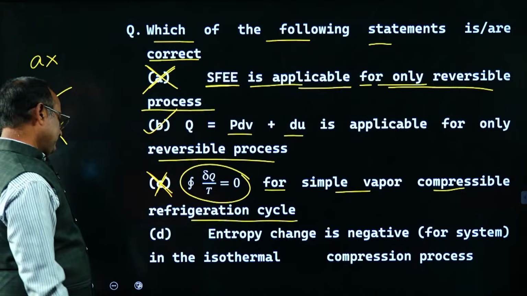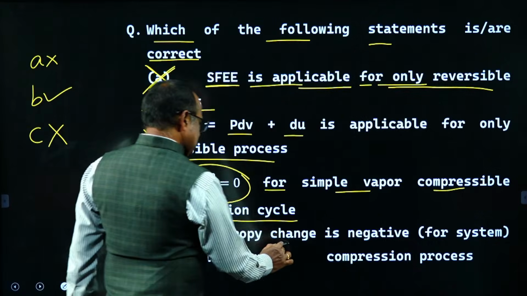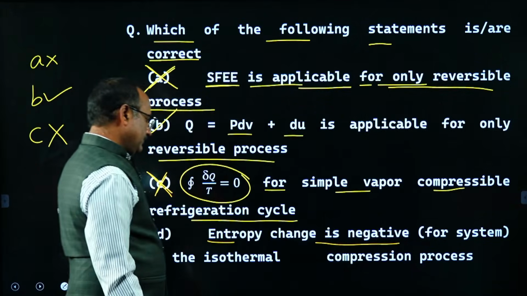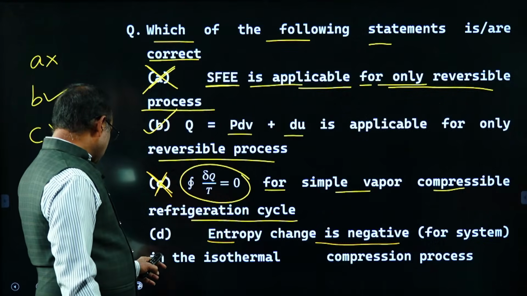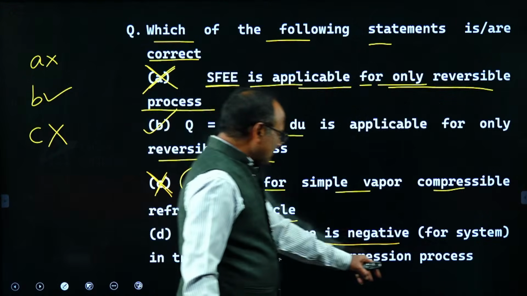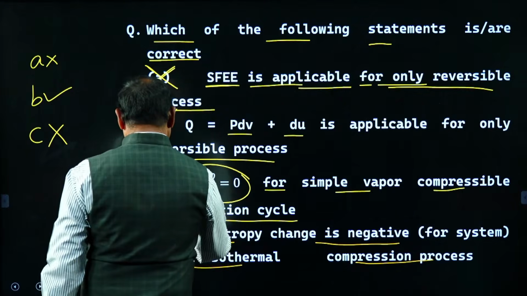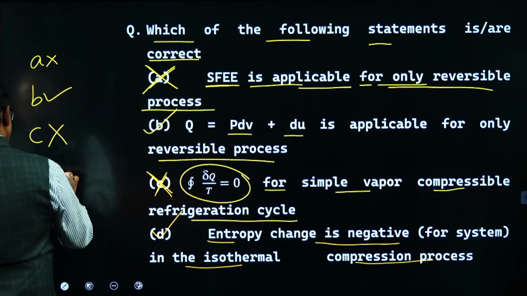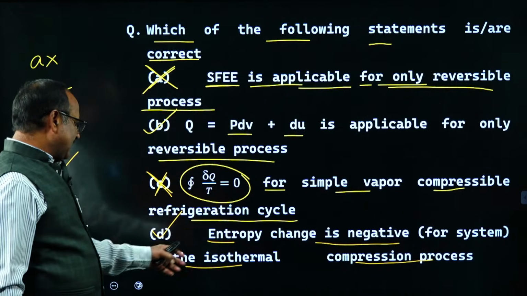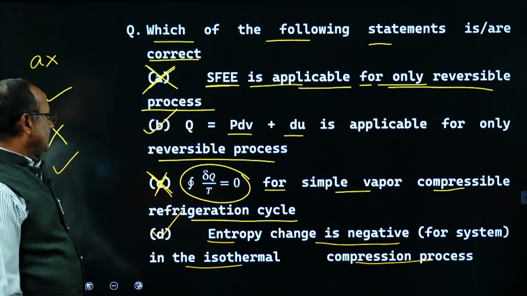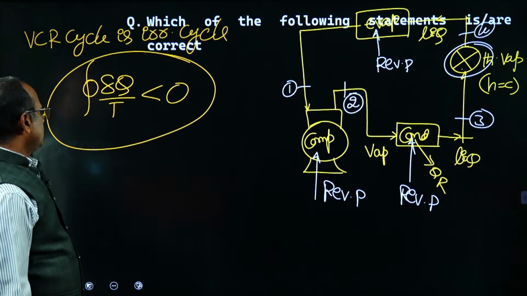Look at D. Entropy change is negative for the system in the isothermal compression process, absolutely correct. Entropy change is negative for the system in the isothermal compression process specifically, right.